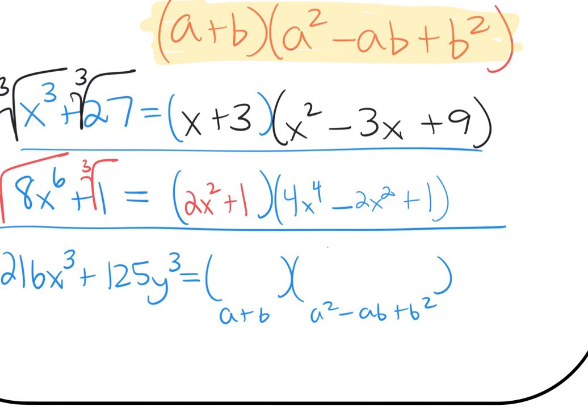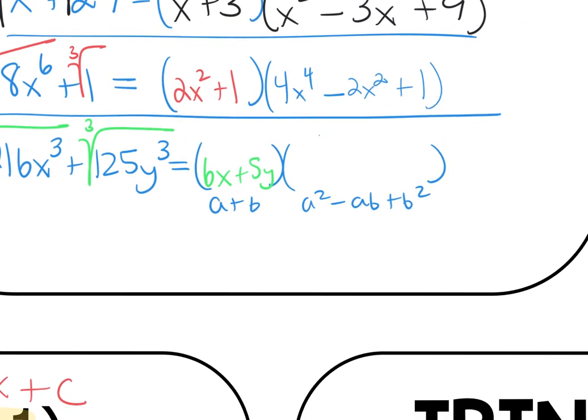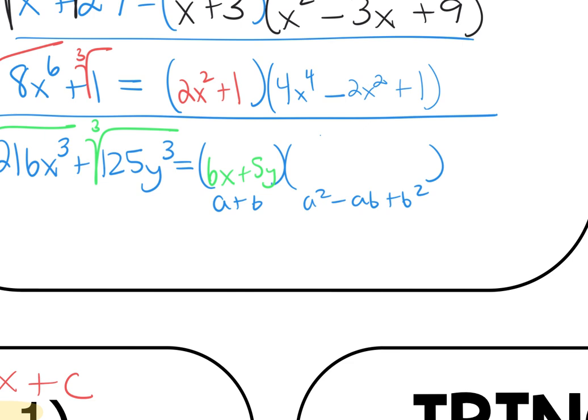Let's go ahead and jump into this. So first we take the cubed root of the first term. So cubed root of 216x to the 3rd is 6x. Then we have to take the cubed root of the last term. So that's going to be 5y. Okay, now I'm following through. A squared would be 6x squared.